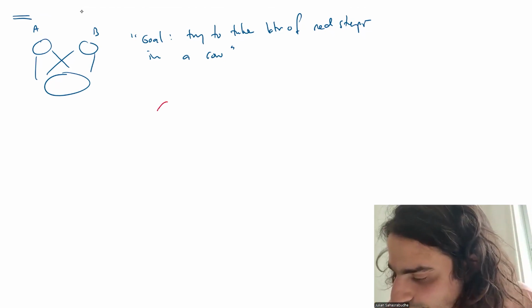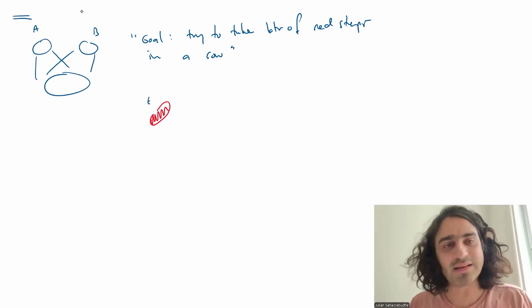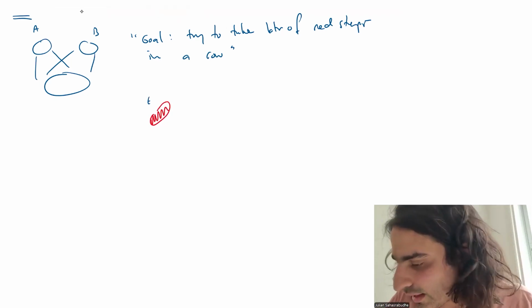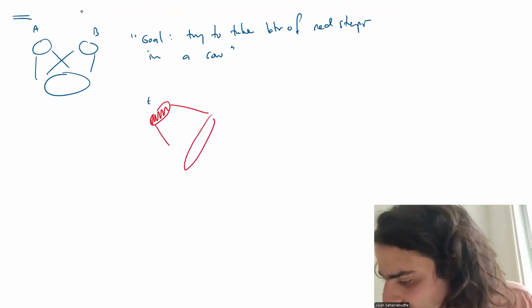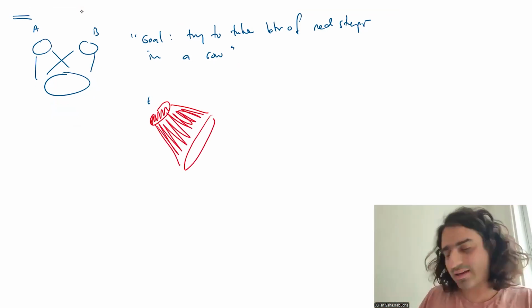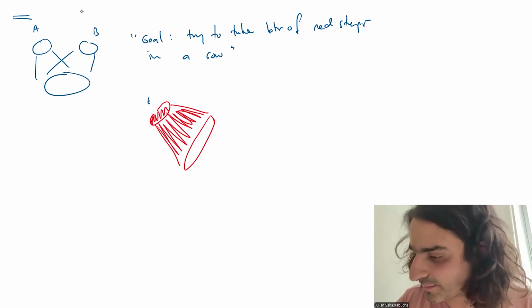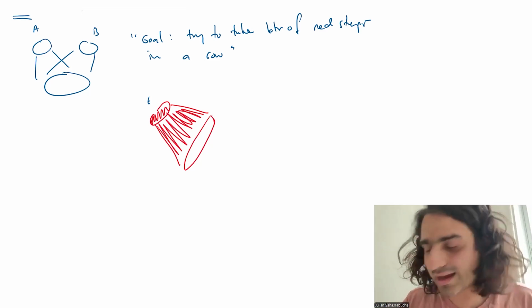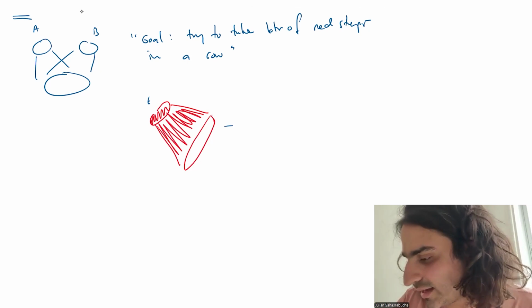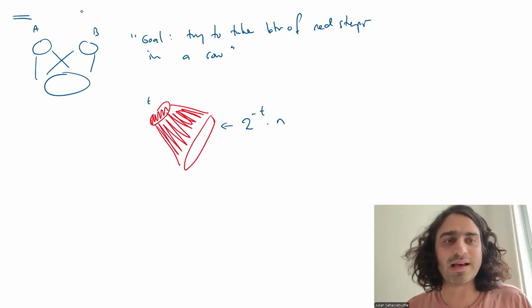I have a red clique, say I take t red steps in a row. And now it's joined in red to all these vertices that I've kept here on this side. And ideally, the size of this thing is going to be 2 to the minus t times the size of your world.